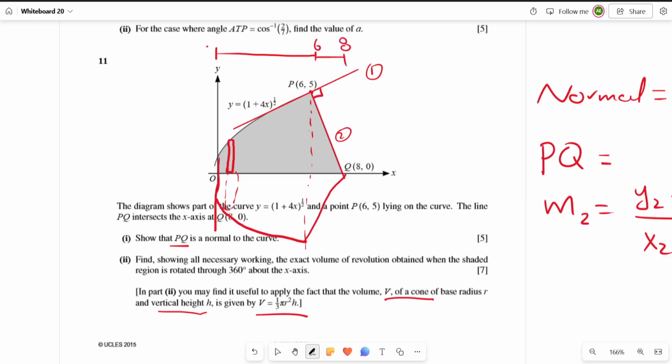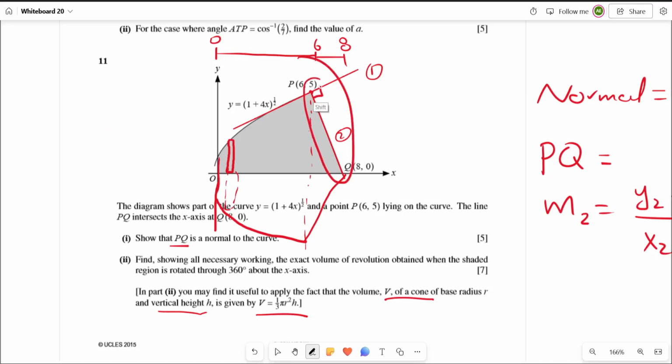Okay, the 6 to 8 part is easy, because when you rotate a straight line about the x-axis, it's going to give you a cone basically, because it looks something like this when I rotate it.